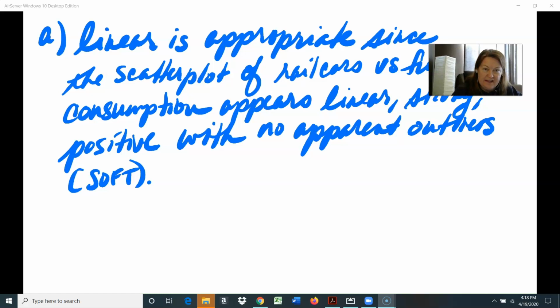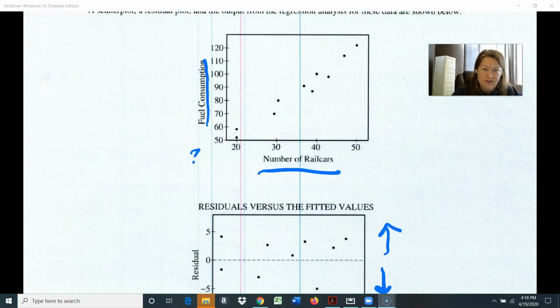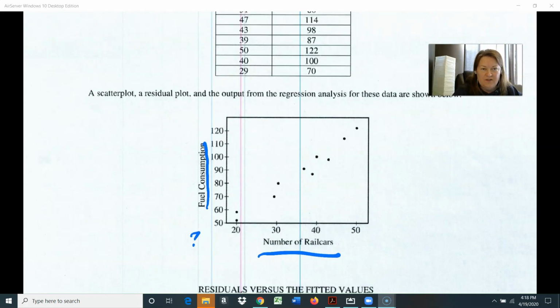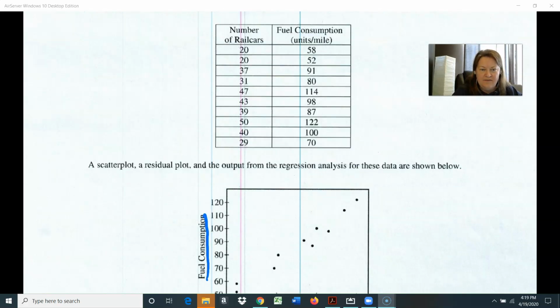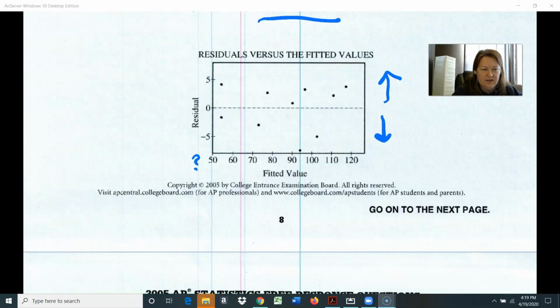Was that the only thing that helped me to decide? No, there was some other stuff that helped me decide that. One of them was that the residuals looked fairly random, right? What else do we have? We have that the residuals looked relatively random.